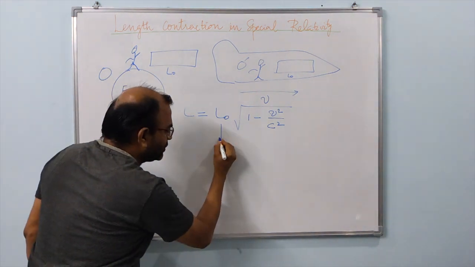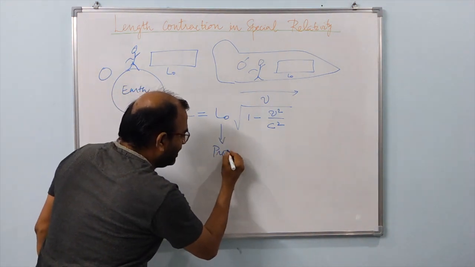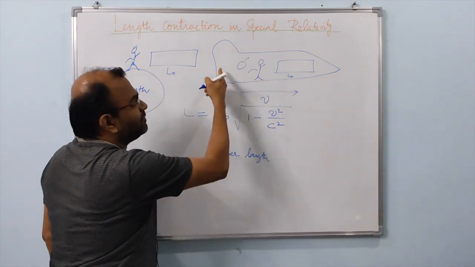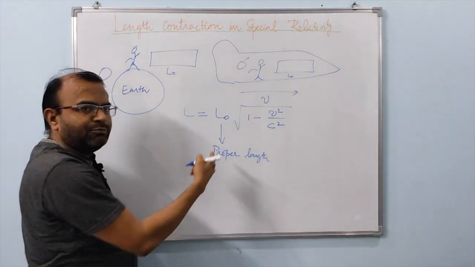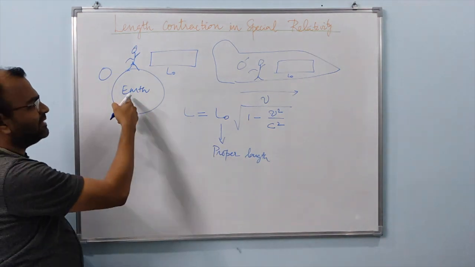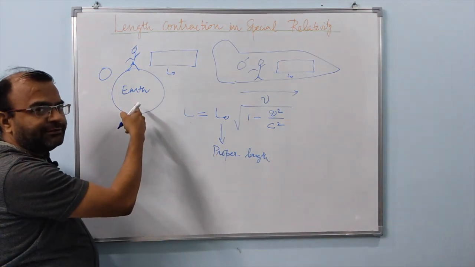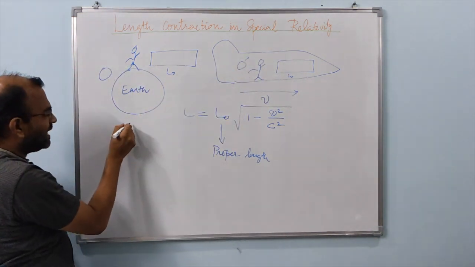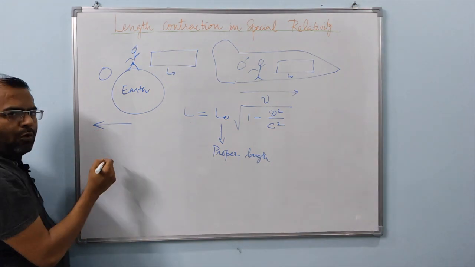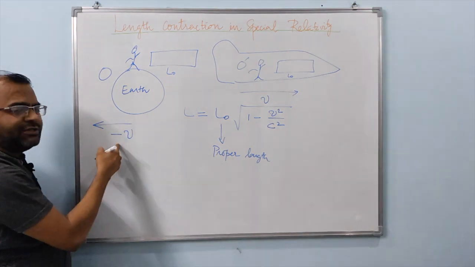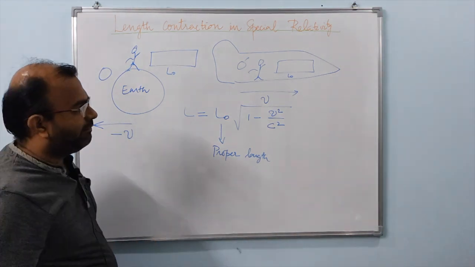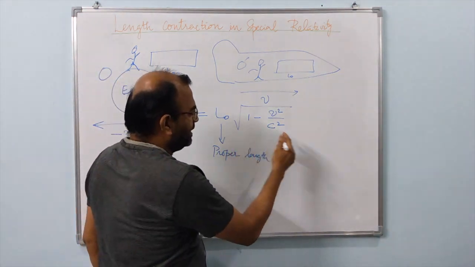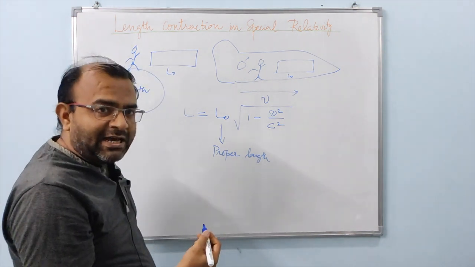This length L0 is called the proper length, as measured by the observer who is at rest with respect to that object, whereas this observer is in relative motion. From the perspective of the observer O prime, Earth appears to go with the same velocity in the opposite direction, right?